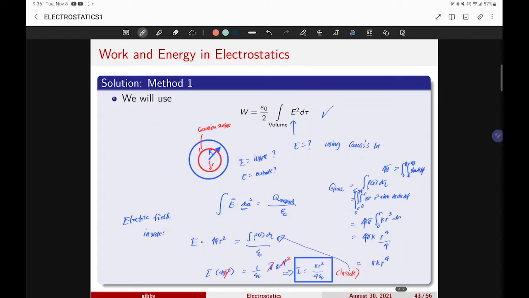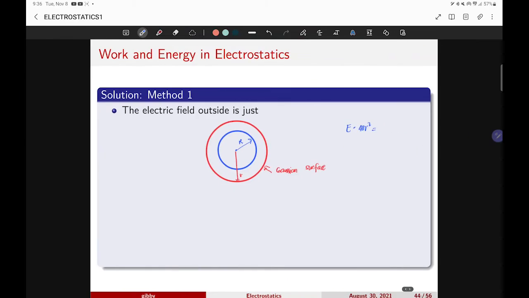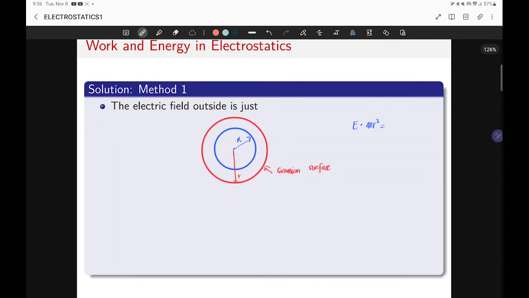Q enclosed is pi k r to the fourth. Okay? But this time around, the Q enclosed is the whole blue circle, which is k pi big R to the fourth. I hope you can follow, over epsilon naught. So the pi cancels.